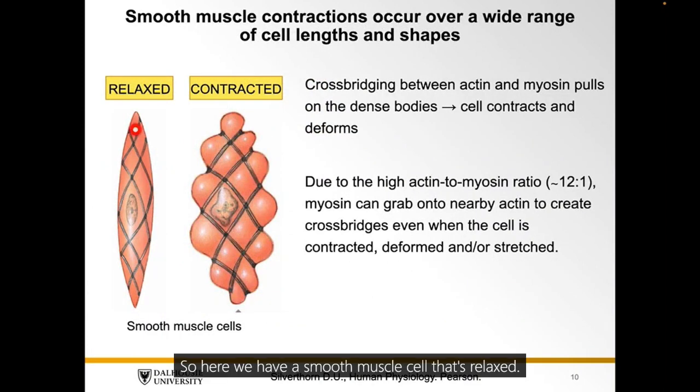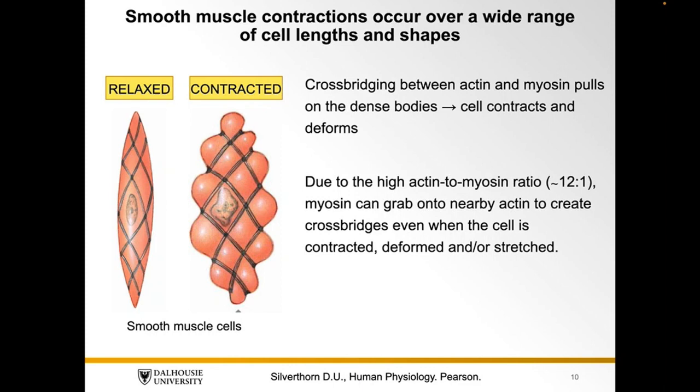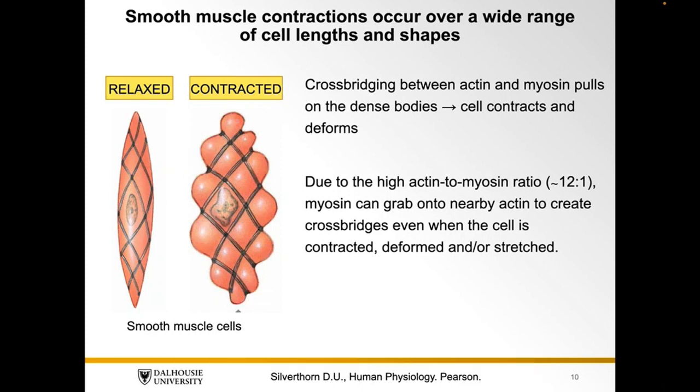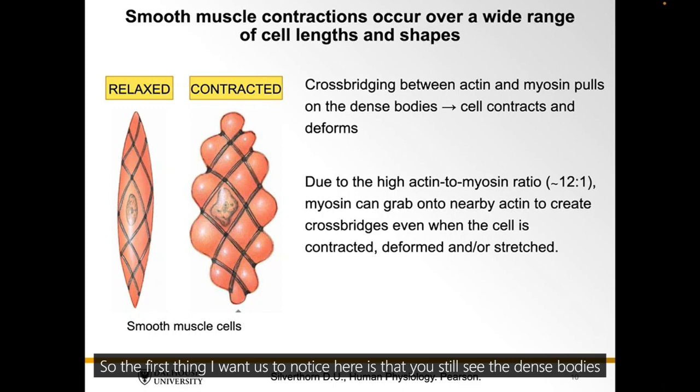So here we have a smooth muscle cell that's relaxed, and here we have a smooth muscle cell that's contracted. The first thing I want us to notice here is that you still see the dense bodies represented by the dark dots here that are linked by the intermediate filaments, and that provides the skeleton of our cells.